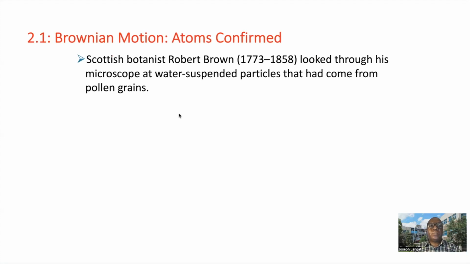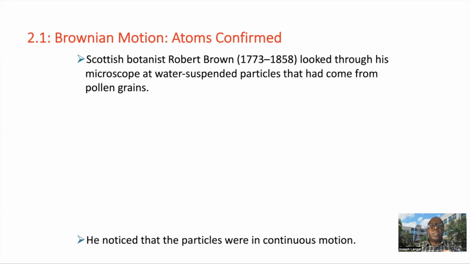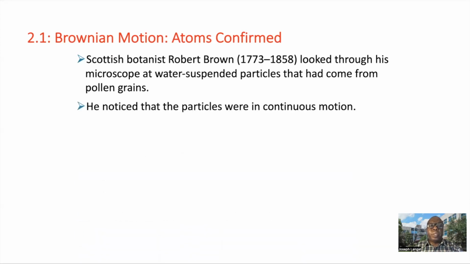When he observed particles in water through his microscope, he saw some movement. He noticed that the particles were in constant motion, and he could not understand what caused them to move.